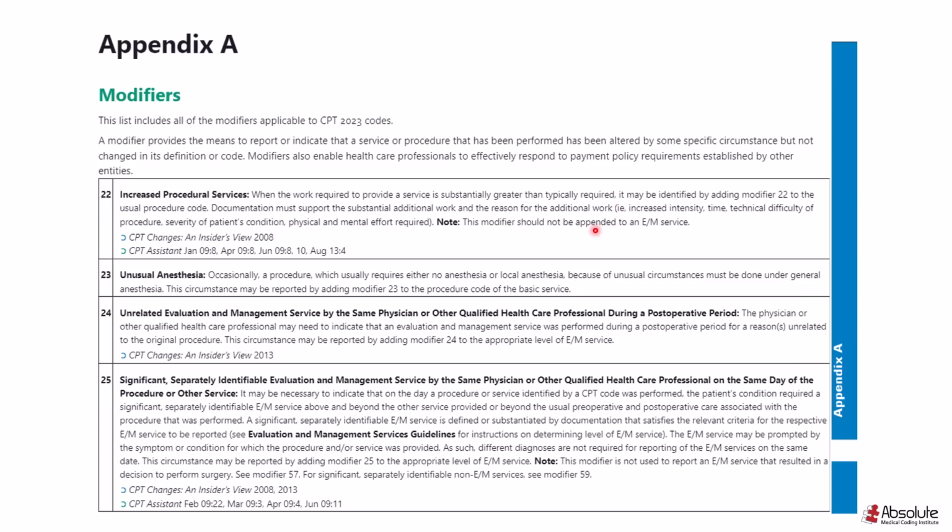It may be identified by adding modifier 22 to the usual procedure code. Documentation must support the substantial additional work and the reason for the additional work. Examples: increased intensity, time, technical difficulty of procedure, the severity of the patient's condition, physical and mental effort required. Note, this modifier should not be appended to an evaluation and management service. I love this Appendix A when you're learning. It's gold.